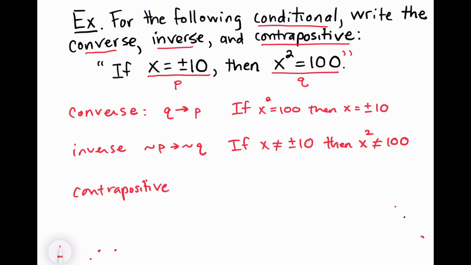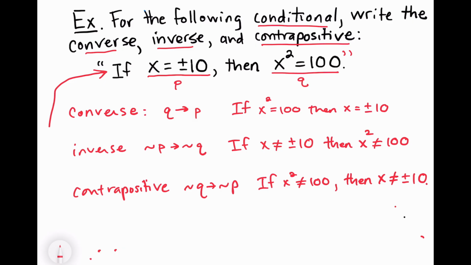And this is the statement, not Q implies not P. And that would be that if x squared is not equal to 100, then x is not equal to positive or negative 10. So remember that in the previous example, we saw that the original conditional is always equivalent to the contrapositive. However, in the previous example, it was not equivalent to the converse or inverse.